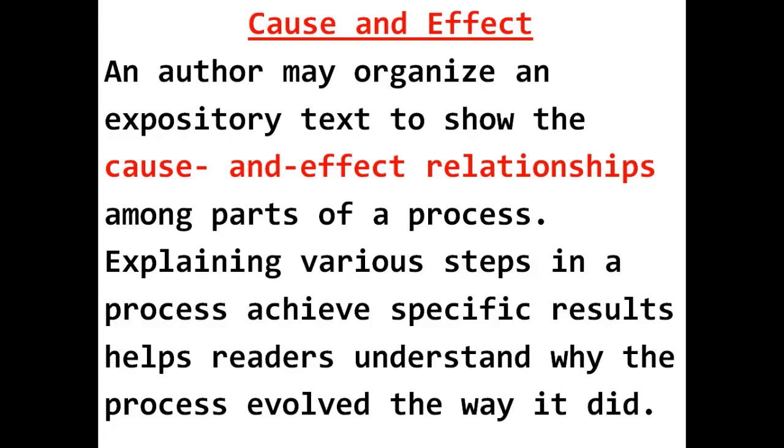Humans provide food to Bombyx mori, the silkworm, so they start producing silk. That is a cause and effect relationship, and it usually happens in expository text. Explaining various steps in a process helps readers understand why the process evolved the way it did. It progressed, it developed, that process of making silk.